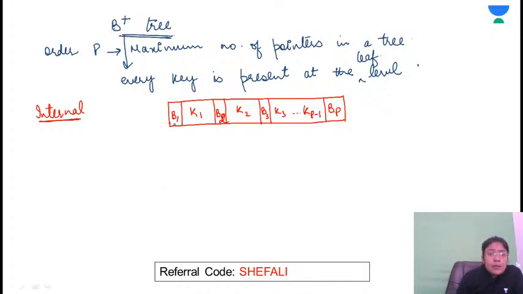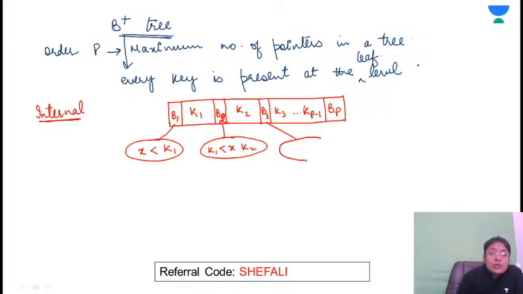Rest everything is same. If here the value is X, earlier we were saying that the key value X should be greater than K1 or less than K2, then K2 less than X less than K3 and so on.